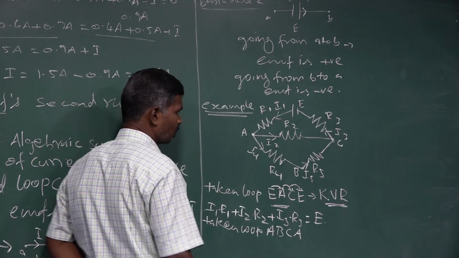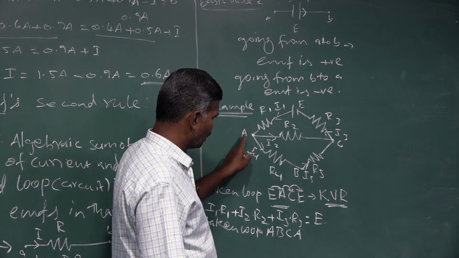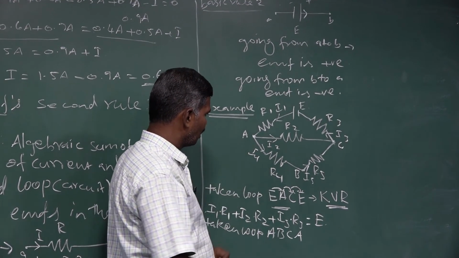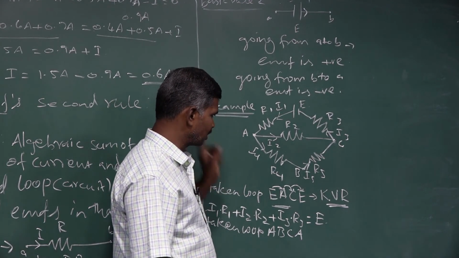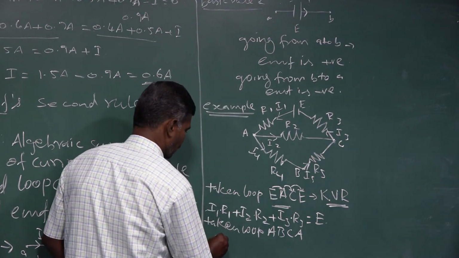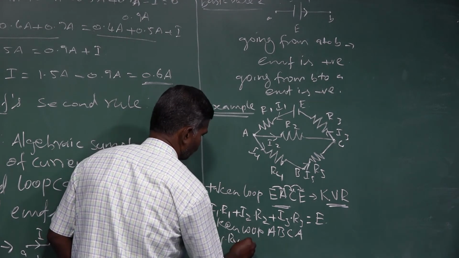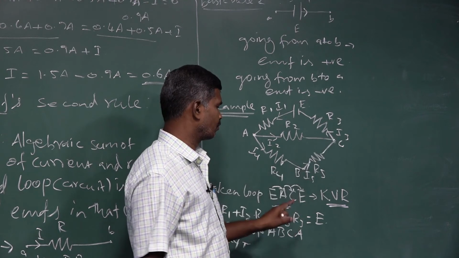We want to observe our diagram. First we start from A to B. There is an R4 resistor and we have I4 current flow. In what direction are we moving? The same direction the current flows. That's why their product I4 into R4 is a positive value, plus further movement from B to C.